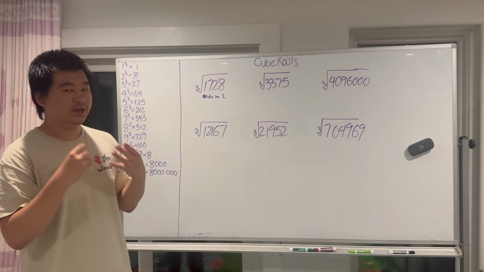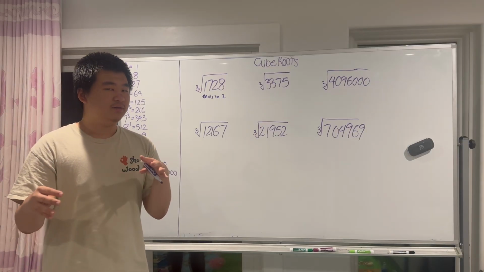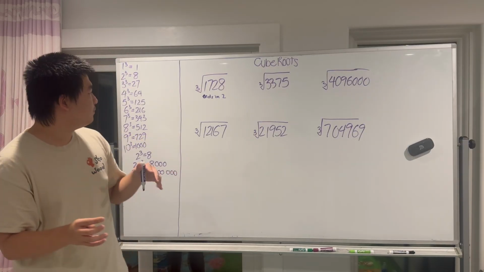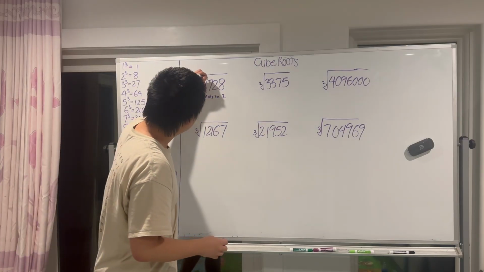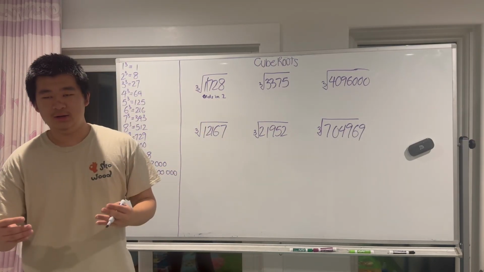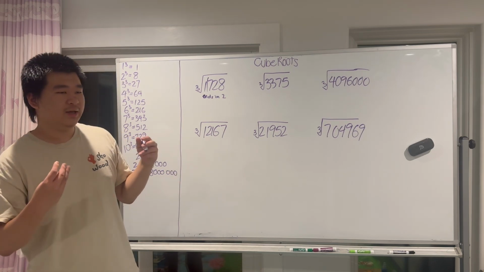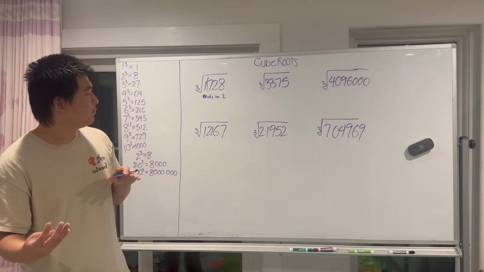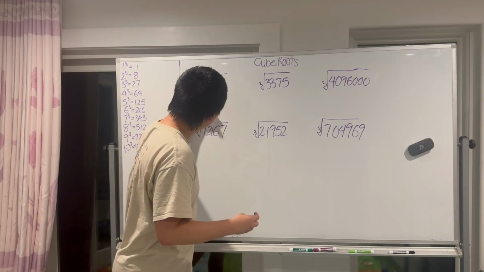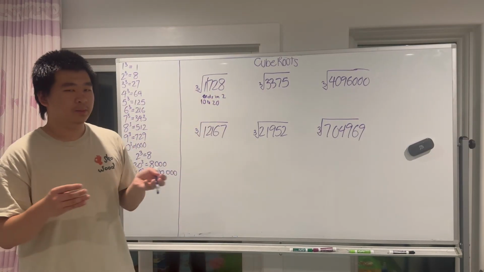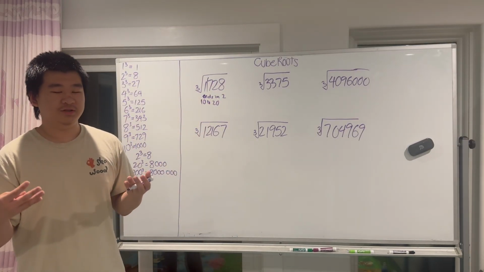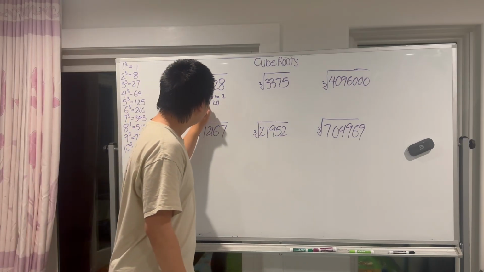Now let's bound our answer. If I cut off 3 digits, I'm left with just 1. The cube root of 1 is just 1, so I know my answer is somewhere between 10 and 20. A number between 10 and 20 that ends in 2 is just 12. That's it.